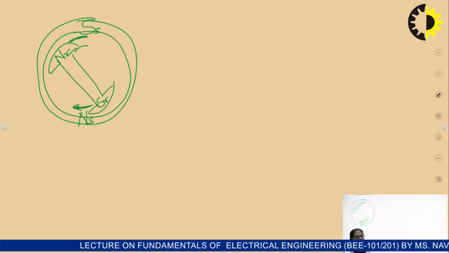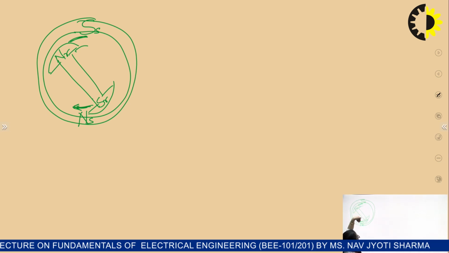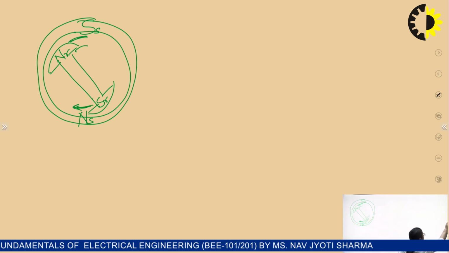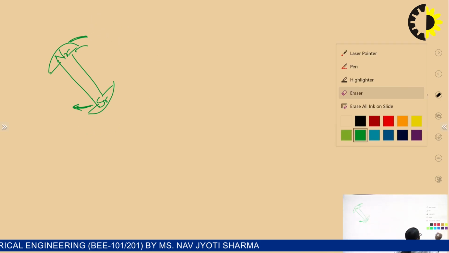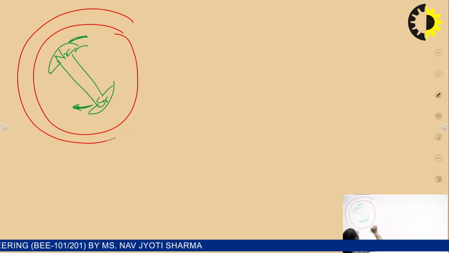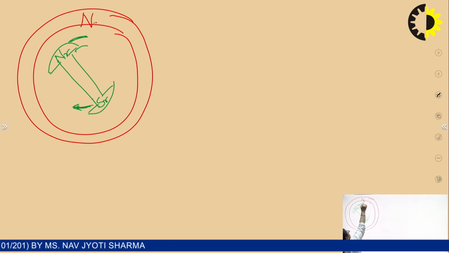But as soon as it tries to overcome the inertia, instantly the poles of the stator would be changed, because it is a rotating magnetic field. At the very next instant, as it tries to rotate in the clockwise direction, this will once again be north and this will once again be south.